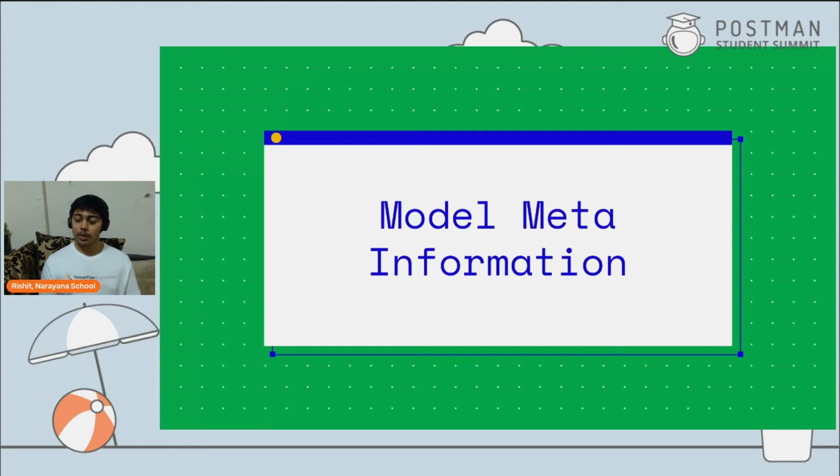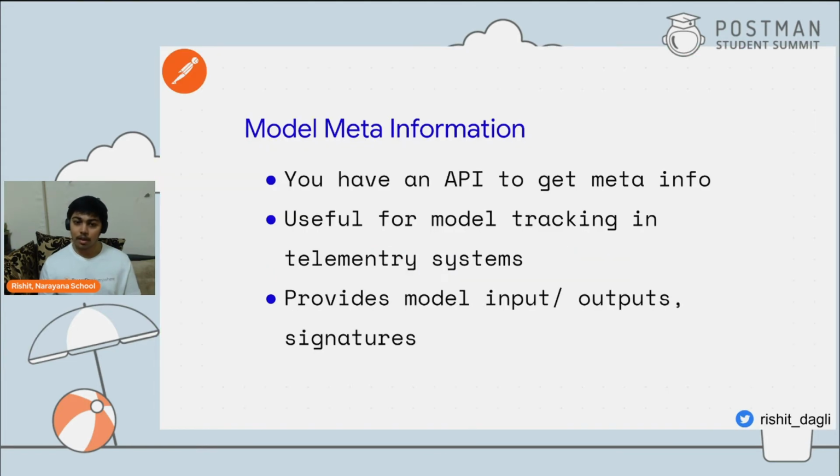What I also want to talk about is model meta information, which is super important in my opinion. TF serving also provides you a way to know some meta information about the models, which is really helpful. So you can figure out simple stuff like which model this API infers from.